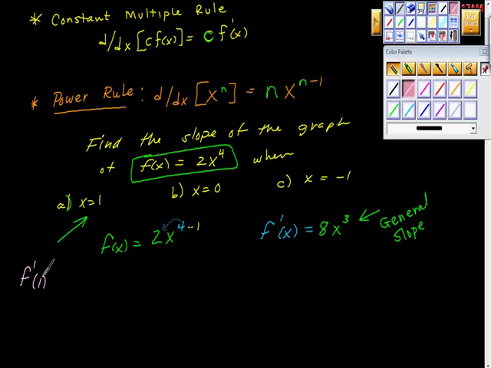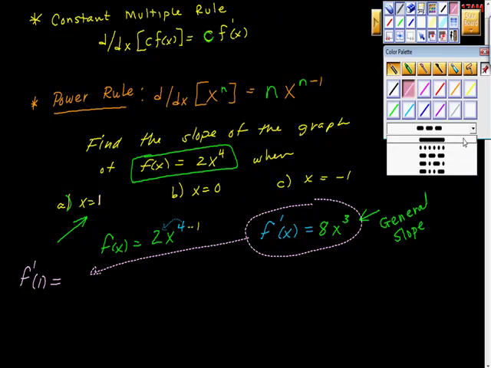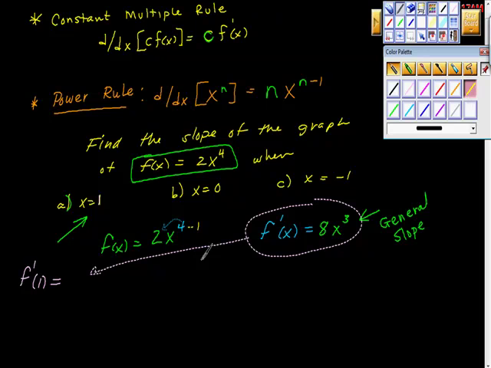Then we go to the derivative function, which is this function here. This is our derivative function, and we're going to plug it in here. The derivative function is 8 times 1 to the 3rd power.